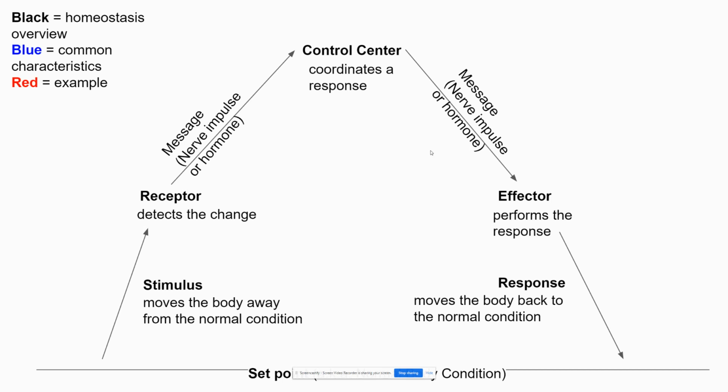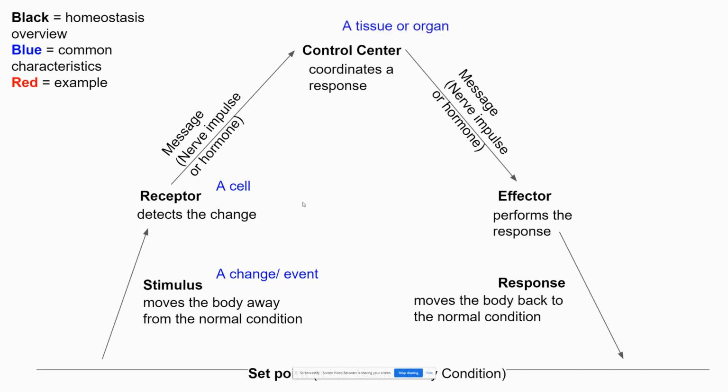So let's add some clues to help you with identifying the parts of the circuit, because we're going to work through some examples of maintaining homeostasis, and you will need to be able to identify what organs are acting in these roles of the circuit. Starting at the beginning, the stimulus is a change or an event, some action or some change that takes the body away from its set point. So think of it like an action. The receptor is going to be a specialized cell.